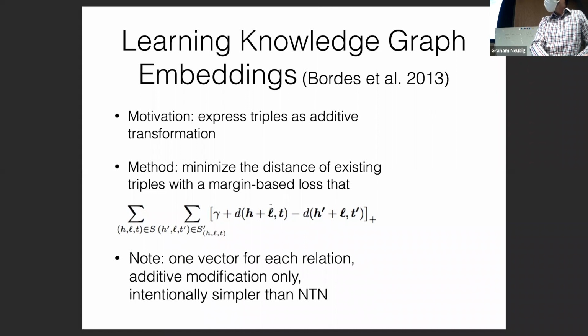And this has one vector for each relation. So it's just an additive vector for each relation. It's intentionally simpler than the neural tensor network. And the idea being that you want to have a space that's kind of consistent linearly like this.